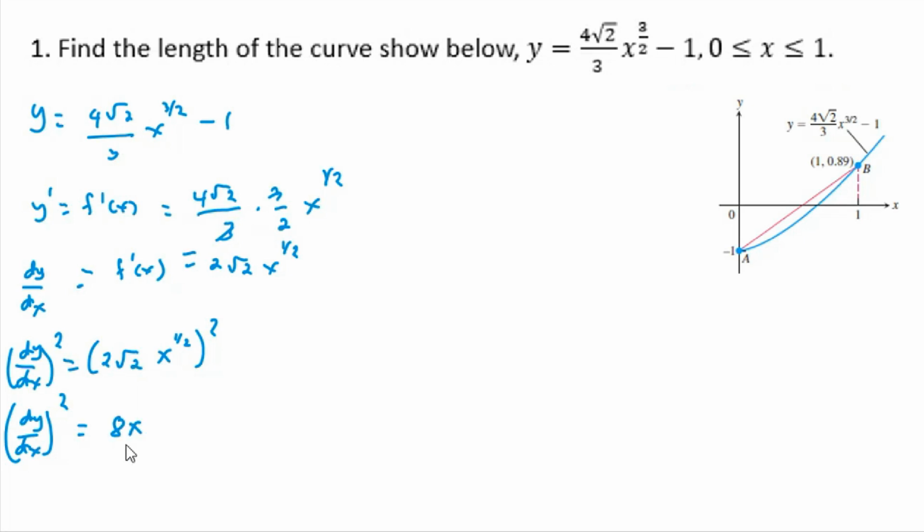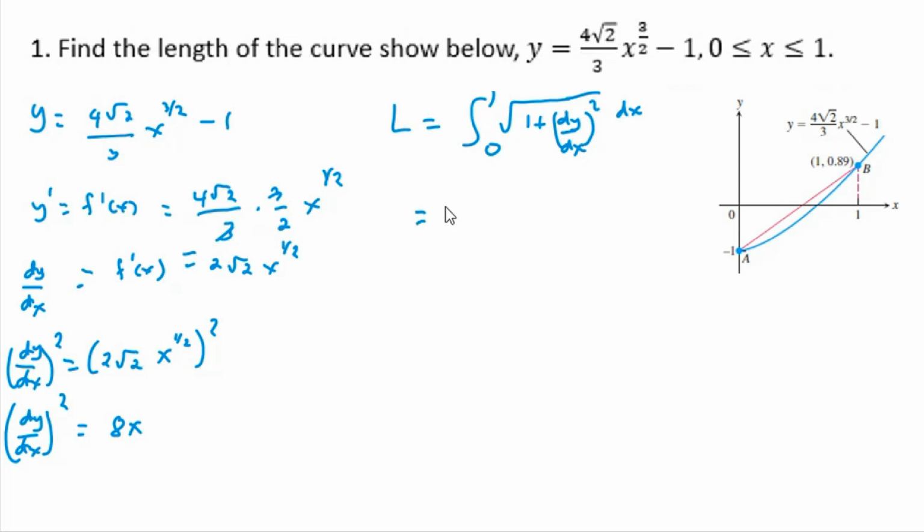Okay, so after that, we can now write the formula. We know that the interval is from 0 to 1, so we can find the length. The length is equal to the integral of the square root of 1 plus the square of dy over dx, dx, with the interval from 0 to 1.